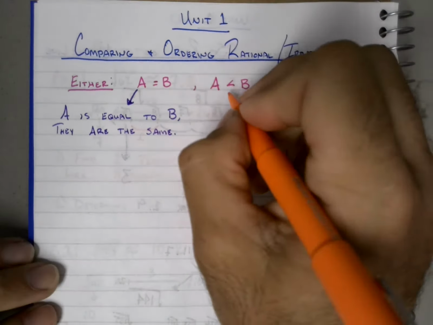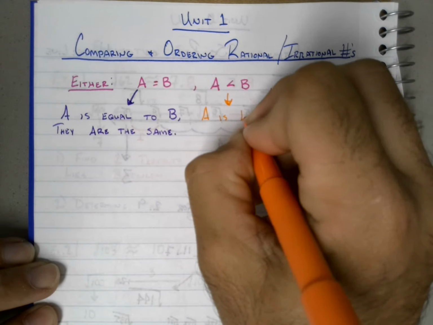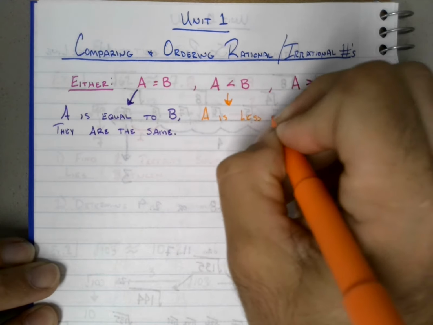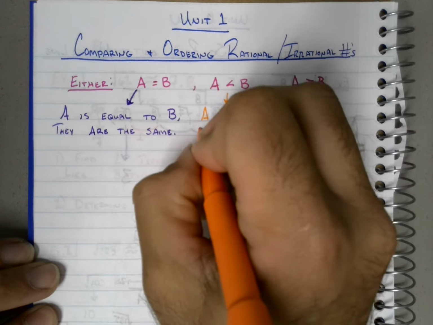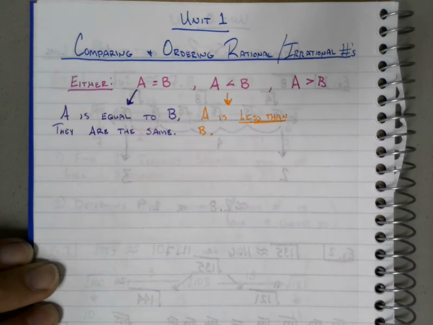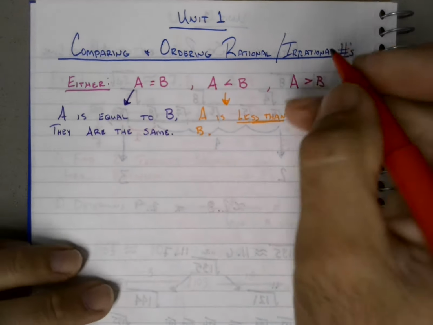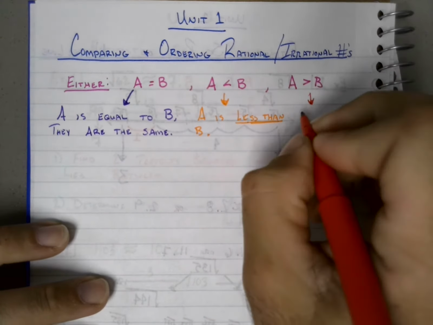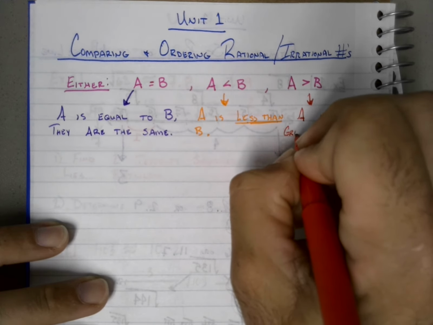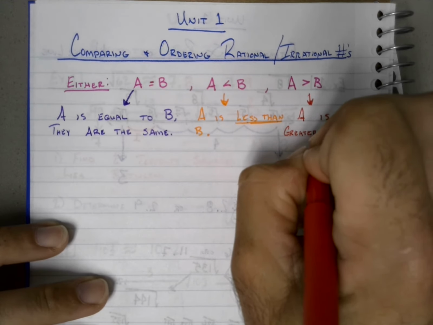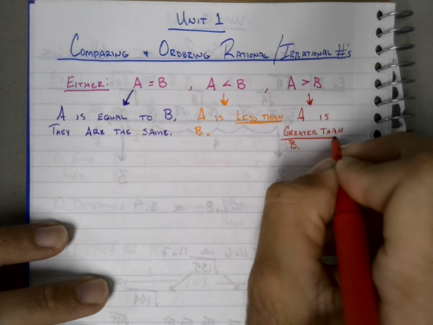In this instance, A is less than B, and I want us to underline less than. And the last one, A is greater than B, and I want you to underline greater than.